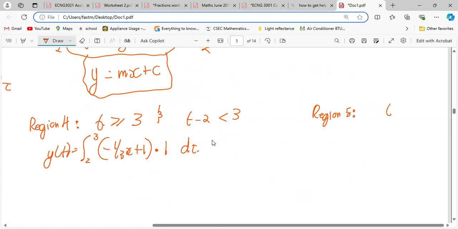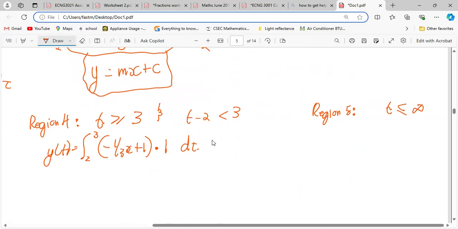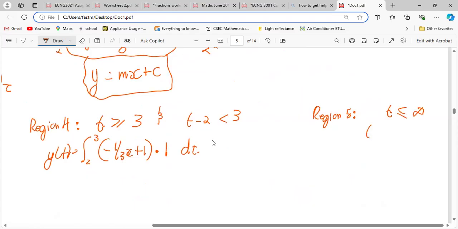So now t is more than 3. You could say, because we are at infinity, you could just say t is less than positive infinity, and you could add in t minus 2 is more than 3.